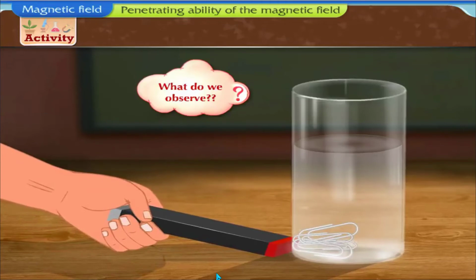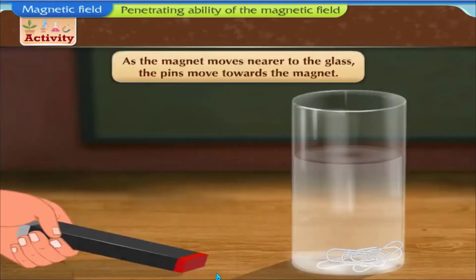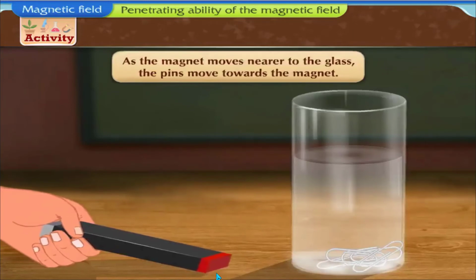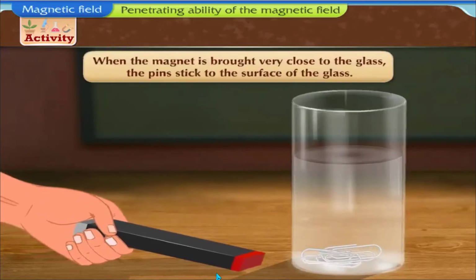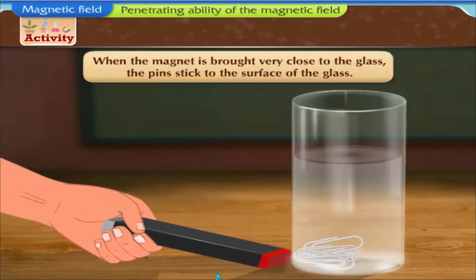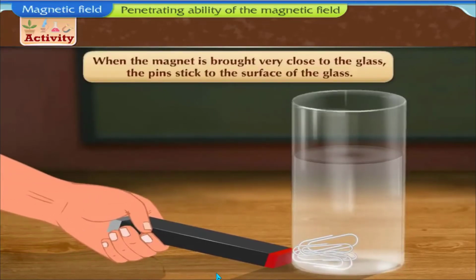What do we observe? We observe that as the magnet moves nearer to the glass, the pins move towards the magnet. When the magnet is brought very close to the glass, the pins stick to the surface of the glass.